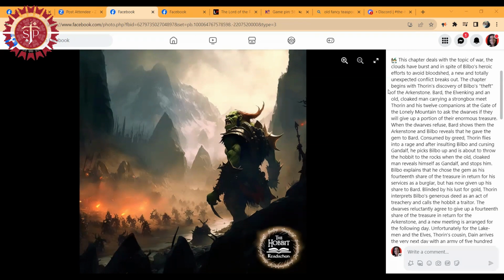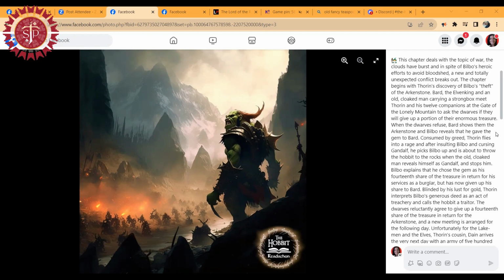Bard, the Elven King, and an old cloaked man carrying a strongbox meet Thorin and his 12 companions at the gate of the Lonely Mountain to ask the dwarves if they will give up a portion of their enormous treasure. When the dwarves refuse, Bard shows them the Arkenstone, and Bilbo reveals that he gave the gem to Bard.